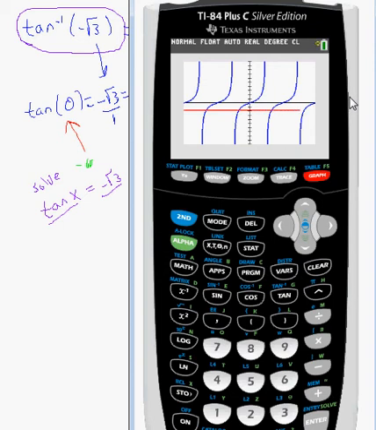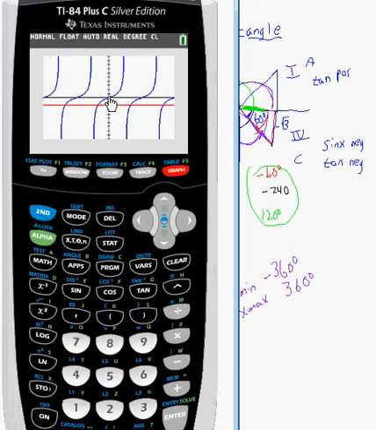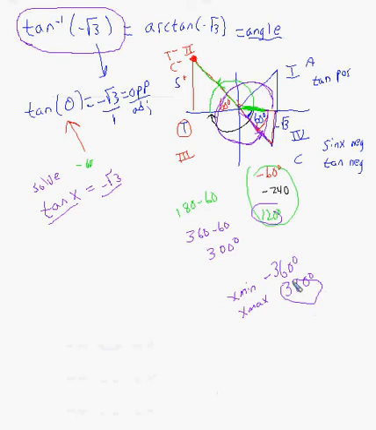So it turns out from negative 360 to 360, there's 4 answers, and I believe I found them. The 2 negative answers here are negative 60 and negative 240. So this one's going to be negative 60. This intersection is going to have an x value of negative 240. My positive answers were what? 120 and 300.